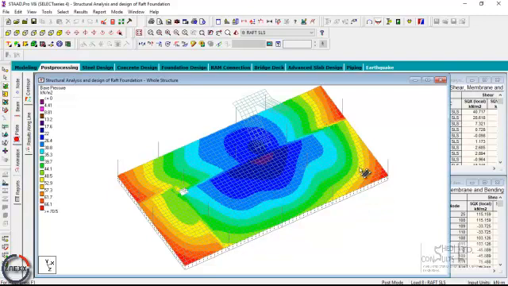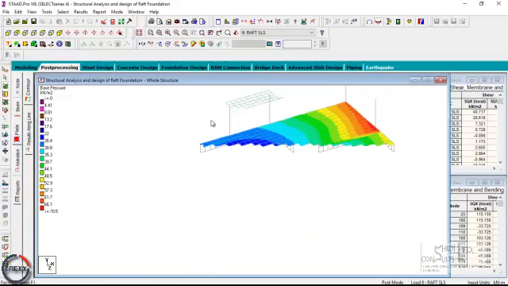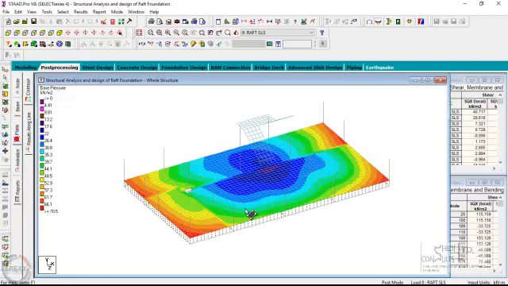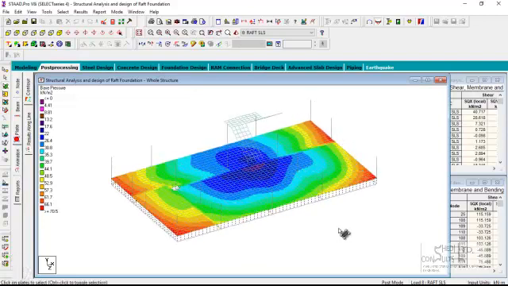So the earth pressure varies significantly around the raft slab, but the maximum of all of this is about 70.5 kilonewton per meter square at the edges, and this is less than the allowable bearing capacity of the soil. So the slab is satisfactory. The raft foundation is satisfactory, and you then proceed with the structural design.